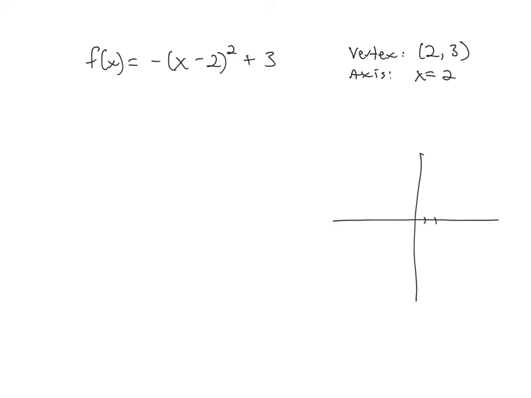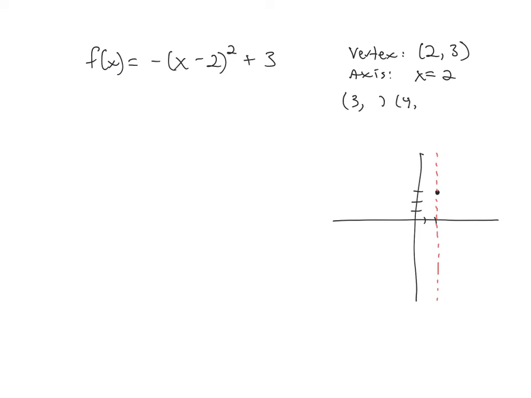So +2, +3, 2 to the right, 3 up. And then our axis of symmetry is x equals 2.